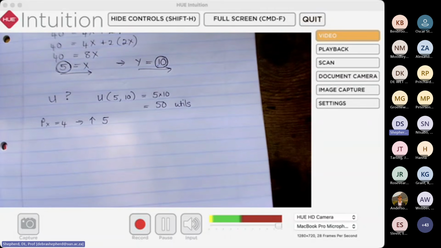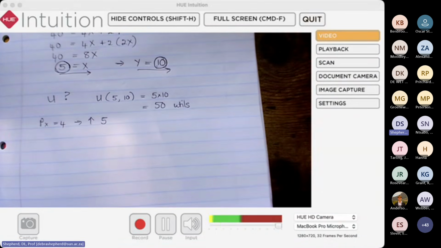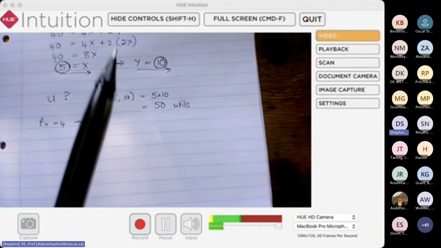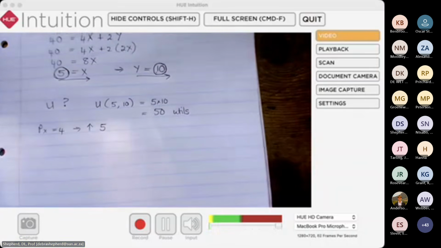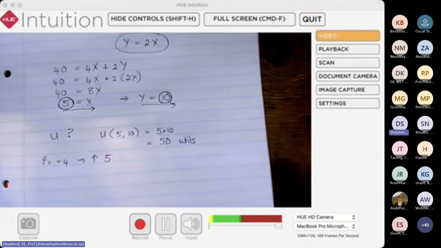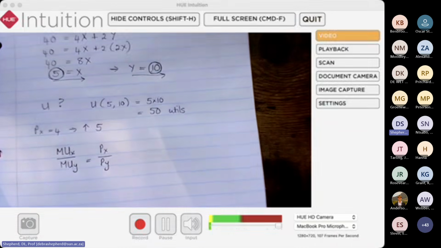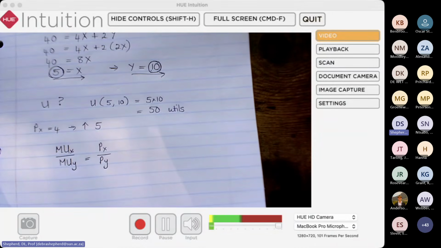We're going to do exactly the same math, but making sure to plug in our new value of the price of X. So if we try to find her new best affordable point, her MUX over MUY must still be price X over price Y, because that always has to be the case at her best affordable bundle.